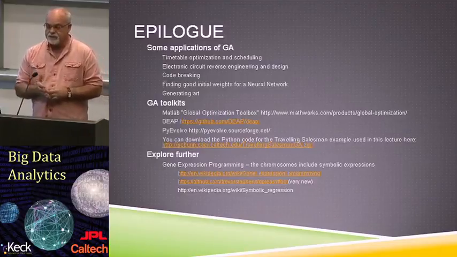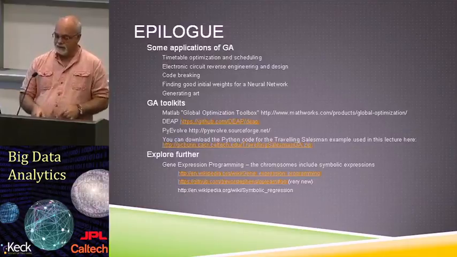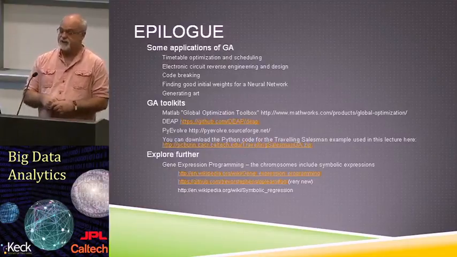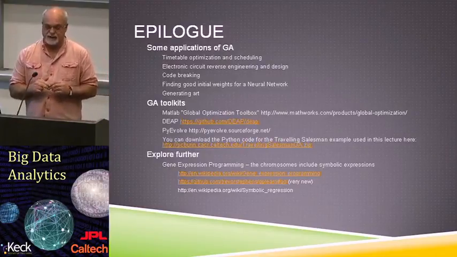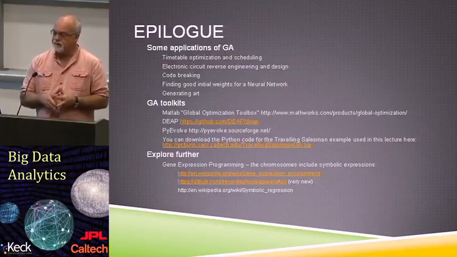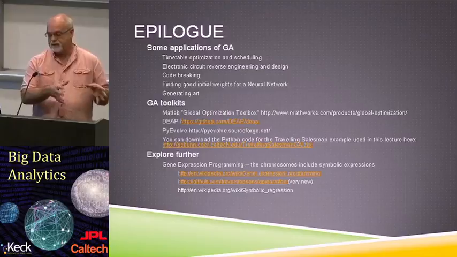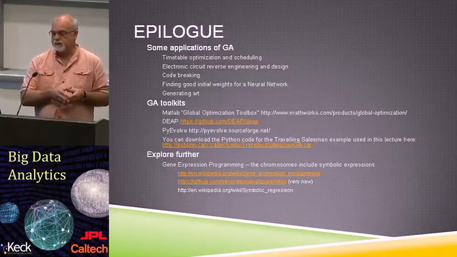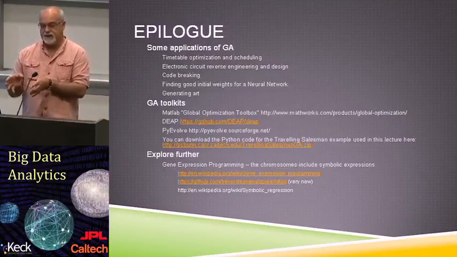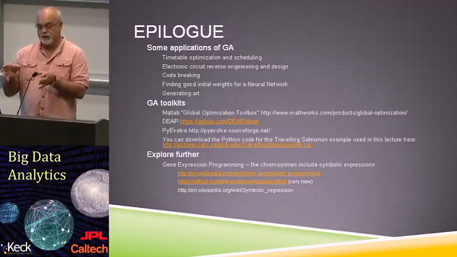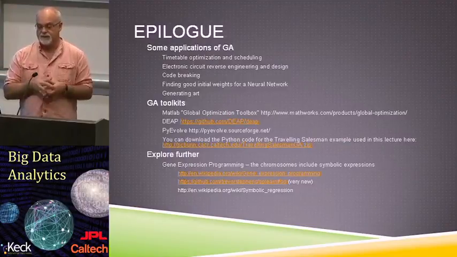And one of the students I worked with here at Caltech had a very nice application of genetic algorithms where he was generating art. The way he was doing that was he was taking a piece of art, in this case by Mondrian, and he was devising a genetic algorithm which would try to replicate the artwork as closely as possible.